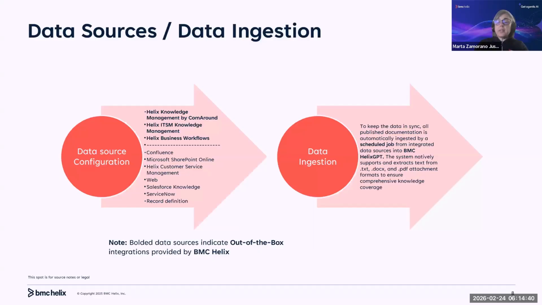Beyond this, we support different types of sources like Confluence, SharePoint, and a list of other systems that we can integrate for the knowledge articles. Once the connection is established, all published documentation is automatically indexed by a scheduled job from this source into BMC Helix GPT.